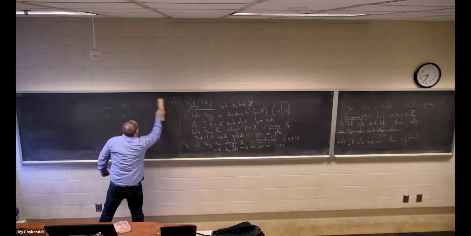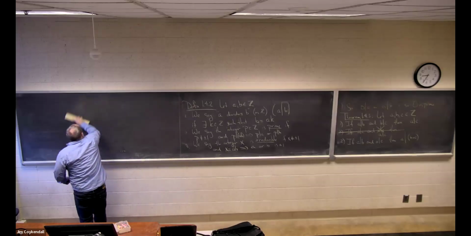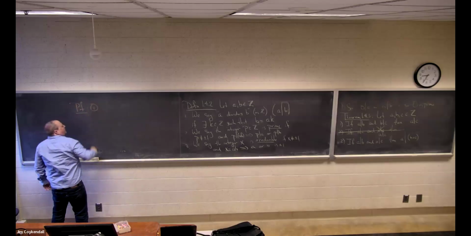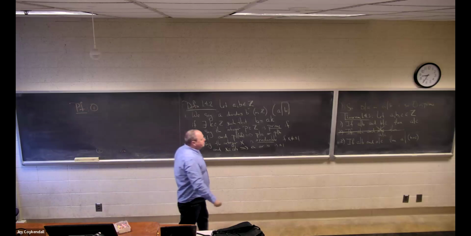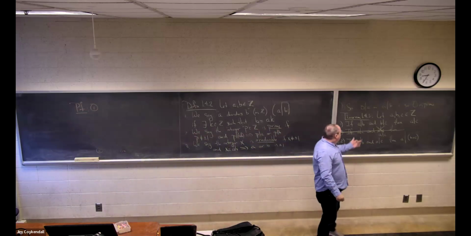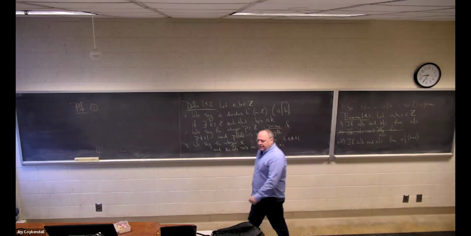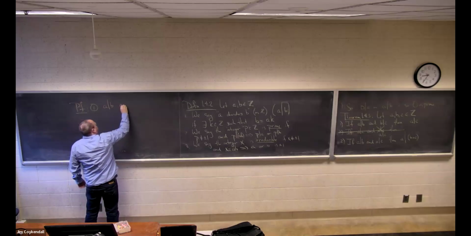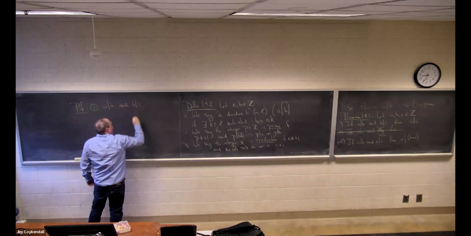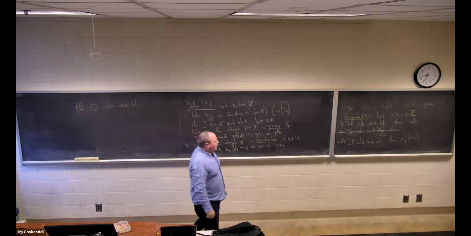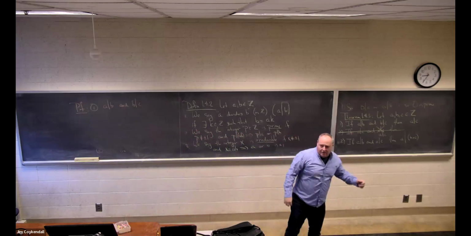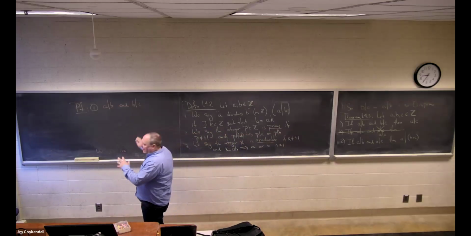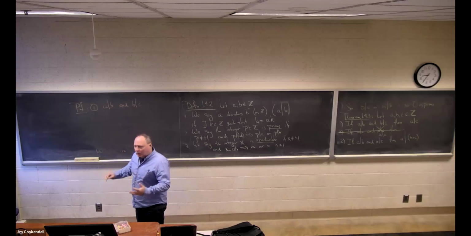Okay, so let's go to a careful proof of both of these. Let's do the first one first. We have A divides B and B divides C. What we need to show is that A divides C. First step, let's write down what this means.